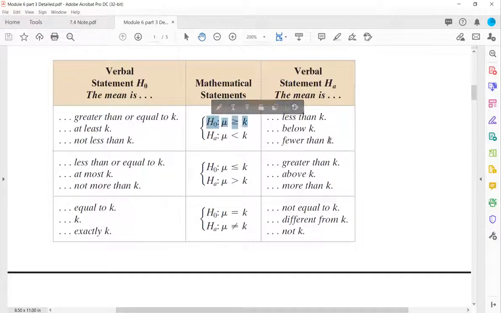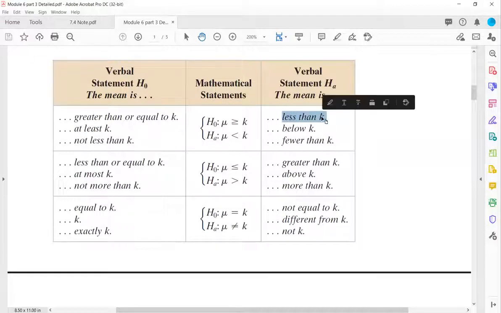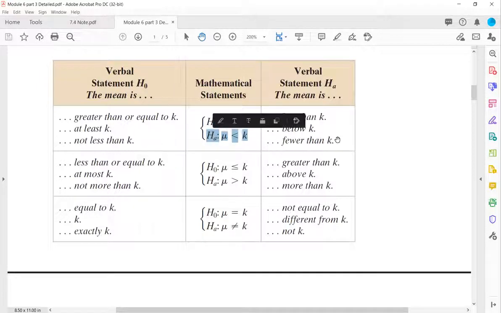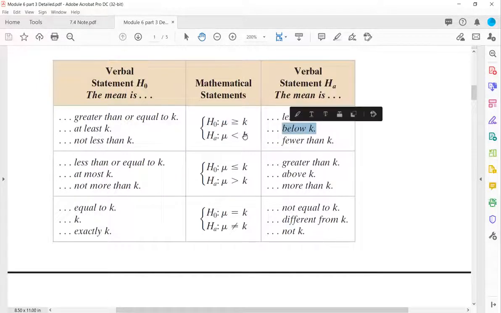But if the keyword is just less than, there is no equality in less than. It just says it is smaller than, less than. It means that our alternative hypothesis is given. Below k is equivalent to alternative hypothesis. Fewer than k is equivalent to alternative hypothesis.